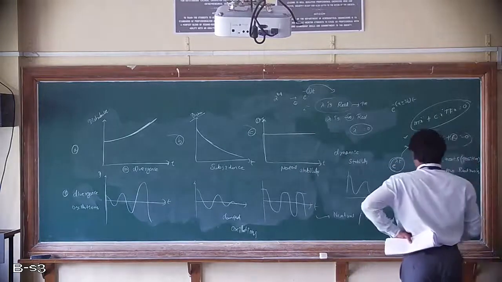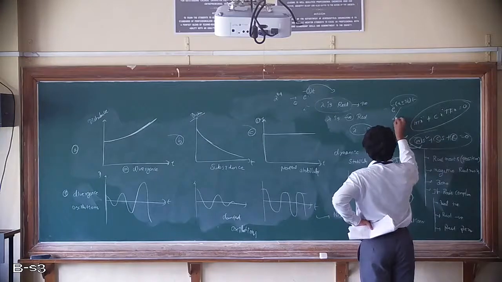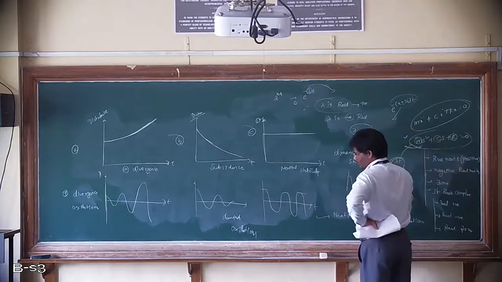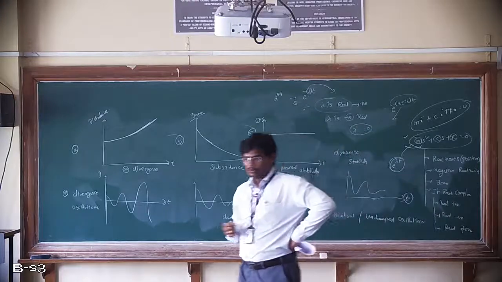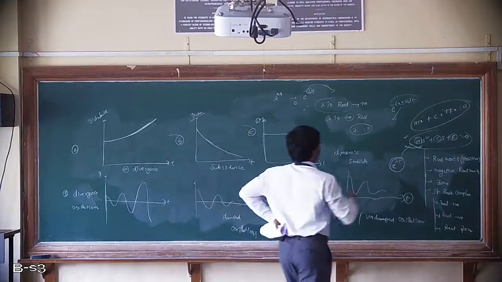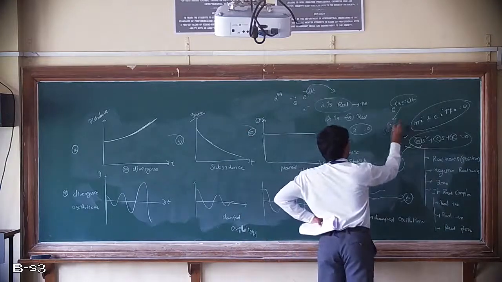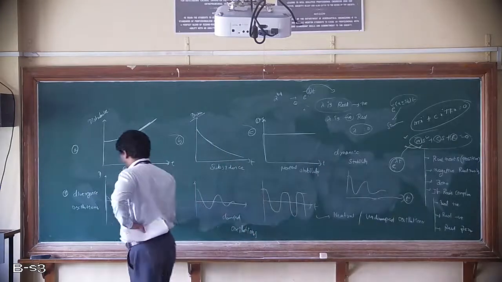So if roots are complex, you can observe a sinusoidal response. Cos term and sin term are there, so the response will be sinusoidal. So there may be a chance of these three things.